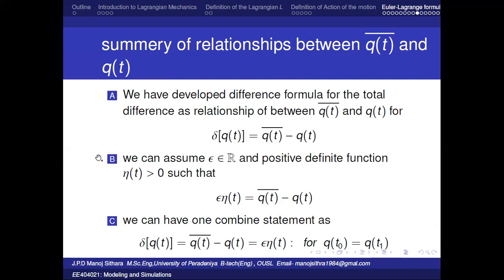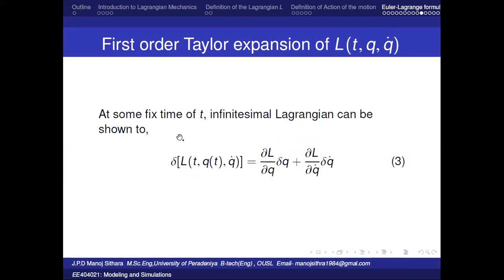So this is the summary of the definition. With this definition, we will study the action of the Lagrange integral. Here we can assume the first order Taylor expansion, which I introduced in the other day's lessons.